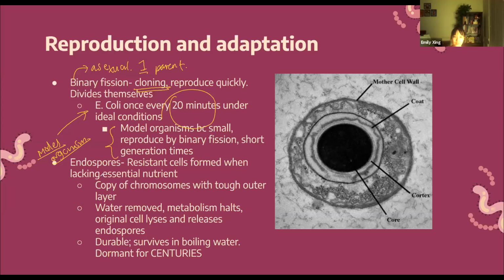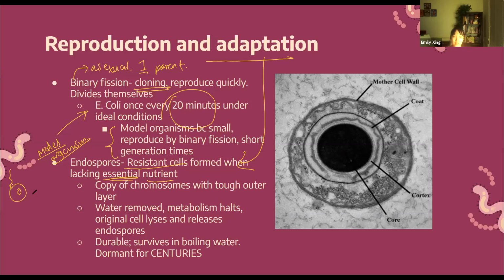Again, explained here. So endospores are an example of adaptation. Endospores are resistant cells that form when the bacteria cell lacks some essential nutrients. So essentially, let's say this is a bacteria cell, maybe with a flagella.